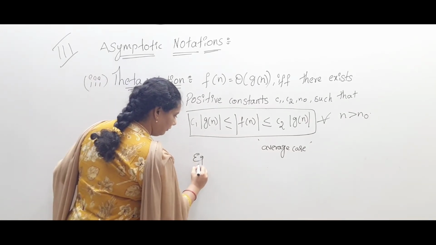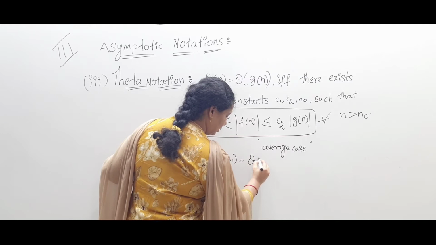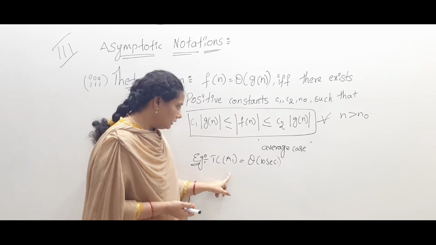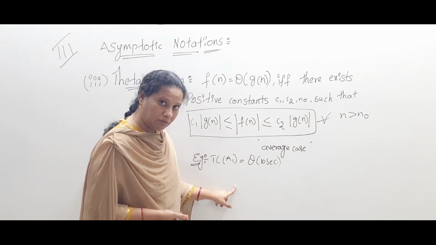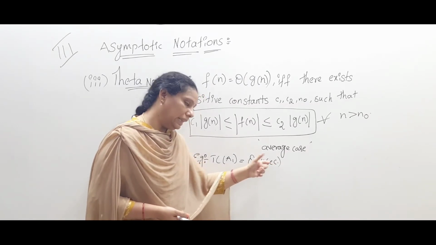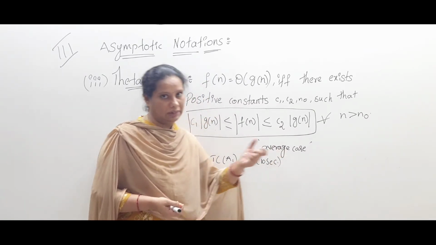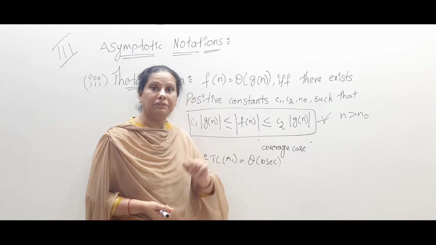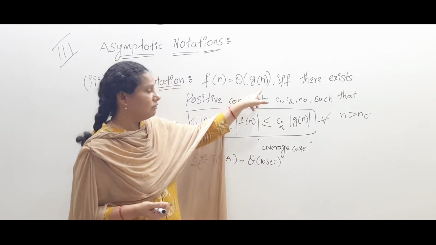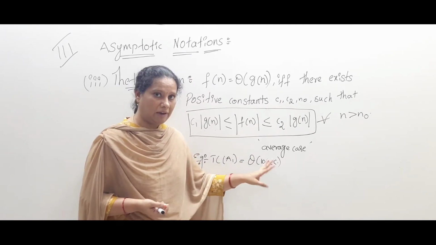Say for example, if I say that the time complexity of an algorithm A1 is equal to theta of 10 seconds, इसका मतलब है अगर हम लोग A1 को प्रोग्राम में कन्वर्ट करेंगे तो उसका एग्जीक्यूशन टाइम either it can be less than 10 seconds, equal to 10 seconds, and may be more than 10 seconds because this is your average case here. आपको exact, जब ये तो estimated value है, हमारा g of n क्या है, estimated value है, हम estimate करके इधर लगा दिए 10 seconds, वो है average case.